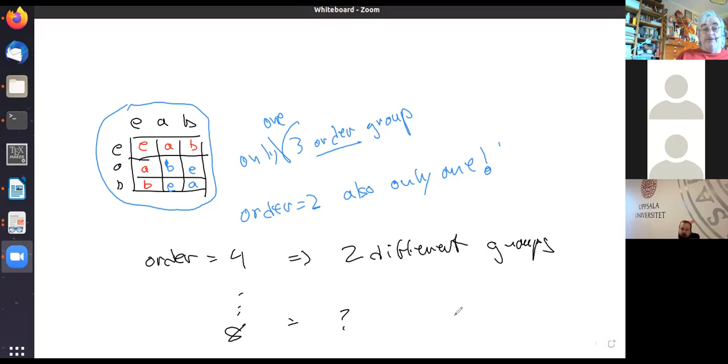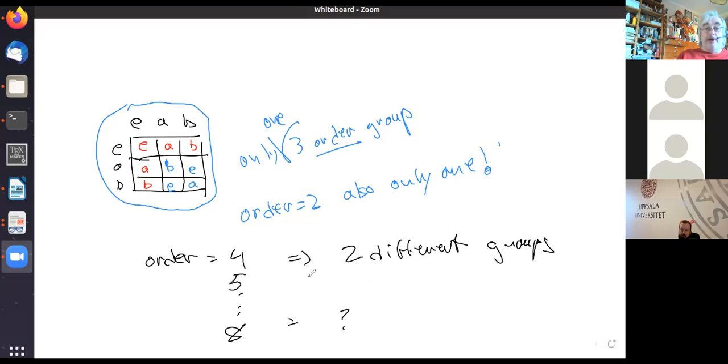There are several different. And when the number of elements increases, then the sort of group structure is a lot more difficult to prepare.